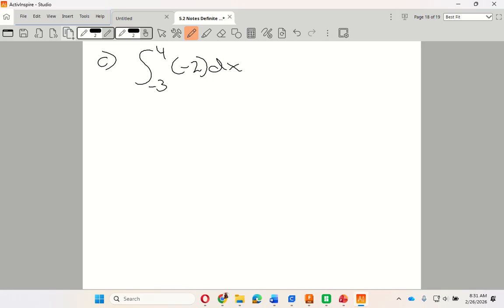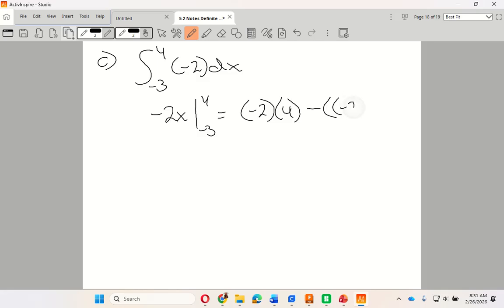This is going to give me -2x, from -3 to 4, which would equal -2 times 4 minus parentheses. Okay, so now I'm going to double parentheses this.